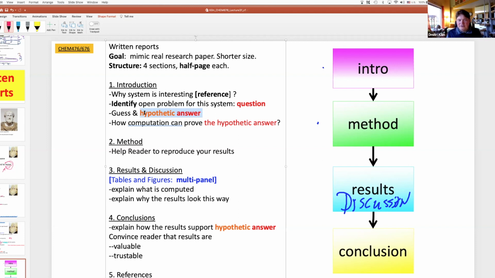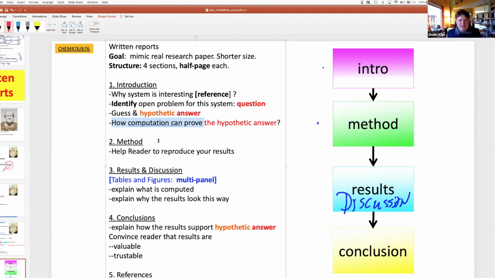And then after you give this hypothetical answer, one can declare that through computational modeling, there are ways to prove this hypothetical answer right or wrong. So if you put in these statements, there are chances that whoever reads your work will be happy.